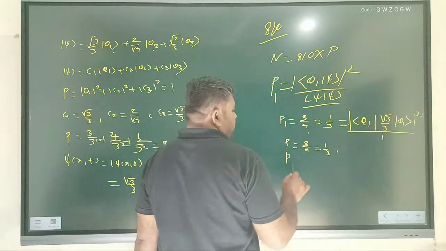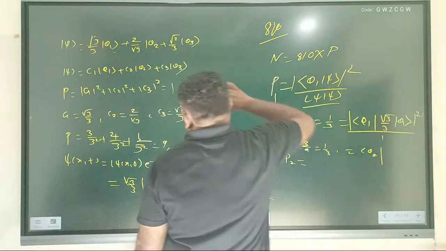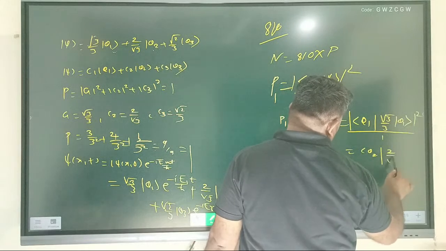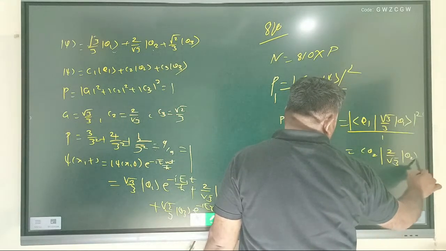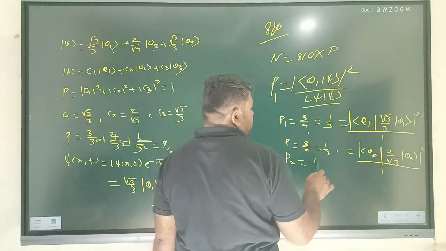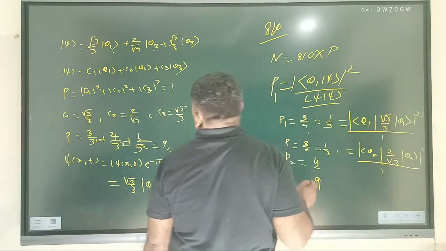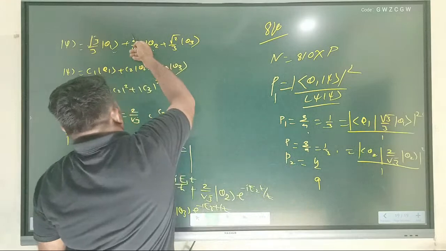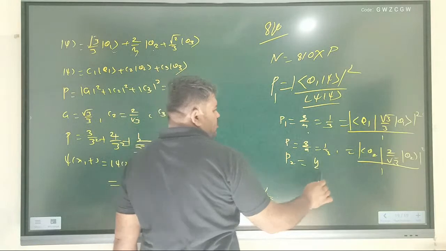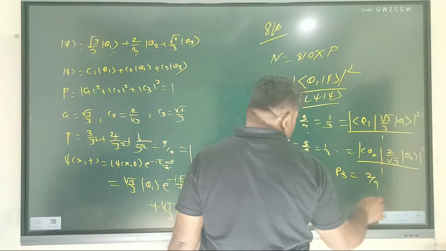Similarly p2: phi 2 with phi 1 is 0, phi 2 with phi 2 is non-zero, with coefficient 2 upon root 3, so p2 is 4 by 9. Root 3 is not there, this is just 3 only. Clear? And p3 is 2 by 9.